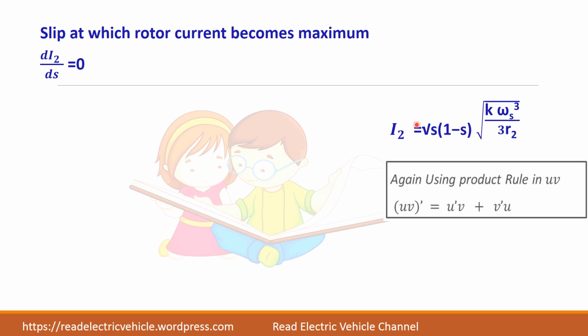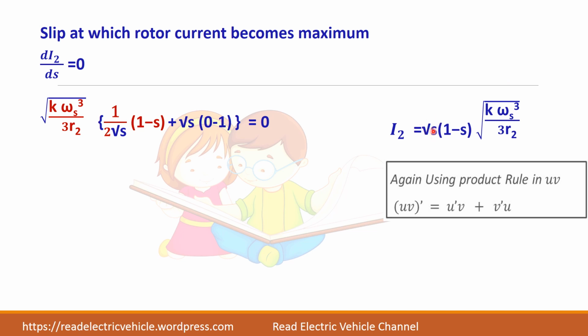Now, how to differentiate this one with respect to S? You have a constant term inside the square root, and here you have two terms in terms of S. So this is like U into V, and differentiation of UV is U dash V plus V dash into U. You can apply this rule and find the value of S. So this is constant into U dash.